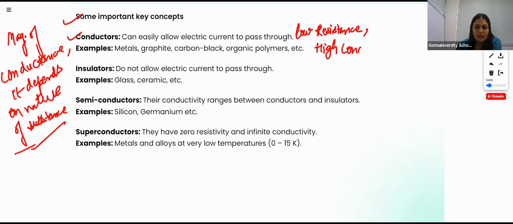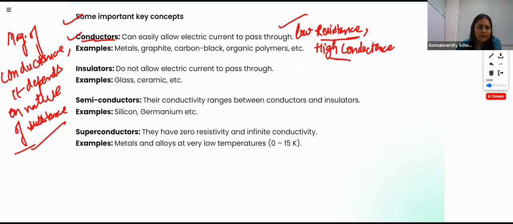So the substances that show high conductance and low resistance are termed as conductors. This is a very basic thing that you have studied in previous classes. Conductors are those through which current can easily pass, that means substances which show low resistance to current and high conductance.